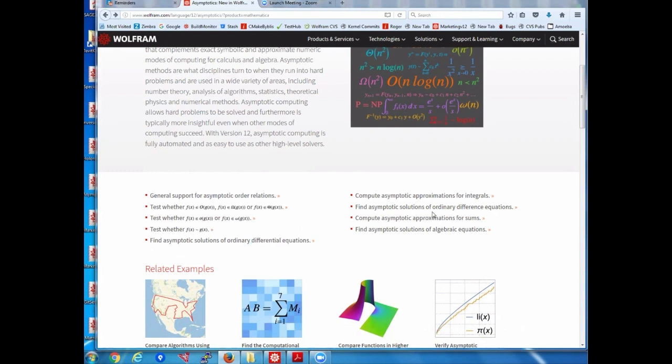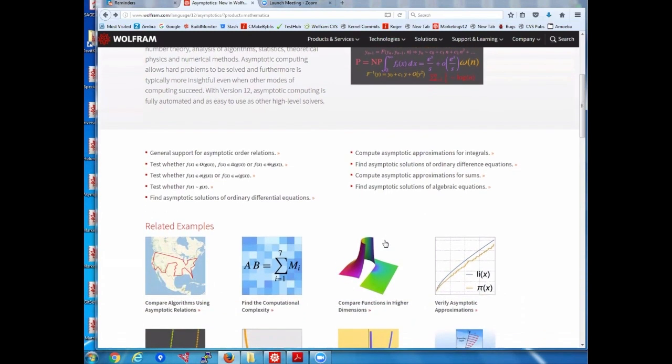We have functions for integrals, difference equations, sums, and algebraic equations. So pretty much what you have here is a mini course on asymptotics for anyone who really wants to learn the subject. So let me begin by giving you a broad overview of the page.